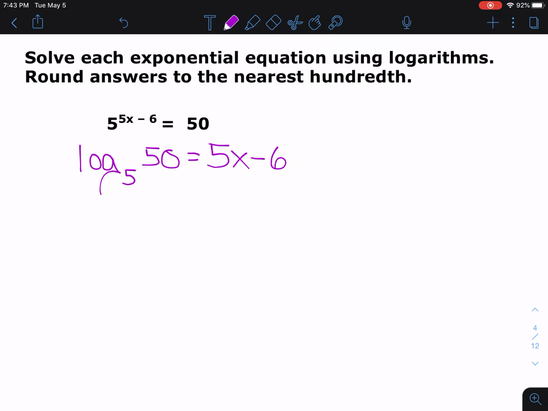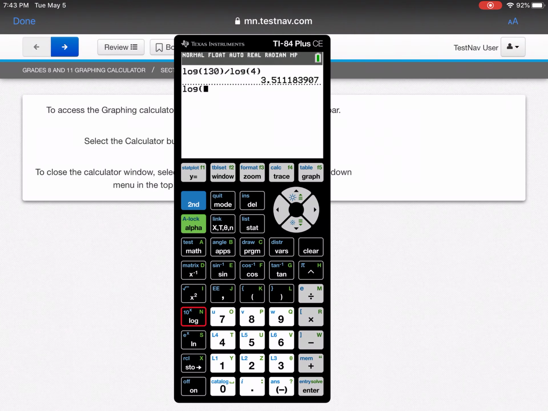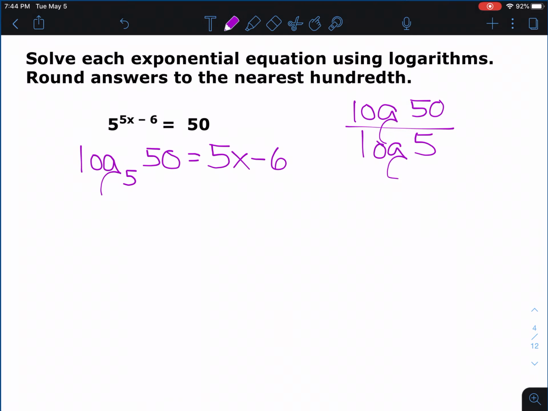Once again, I need to know what log base 5 of 50 is. So I'm going to use the change of base formula that you got lots of practice with and figure out what that is. So let's type that in. Log 50 divided by log 5. We get 2.43.